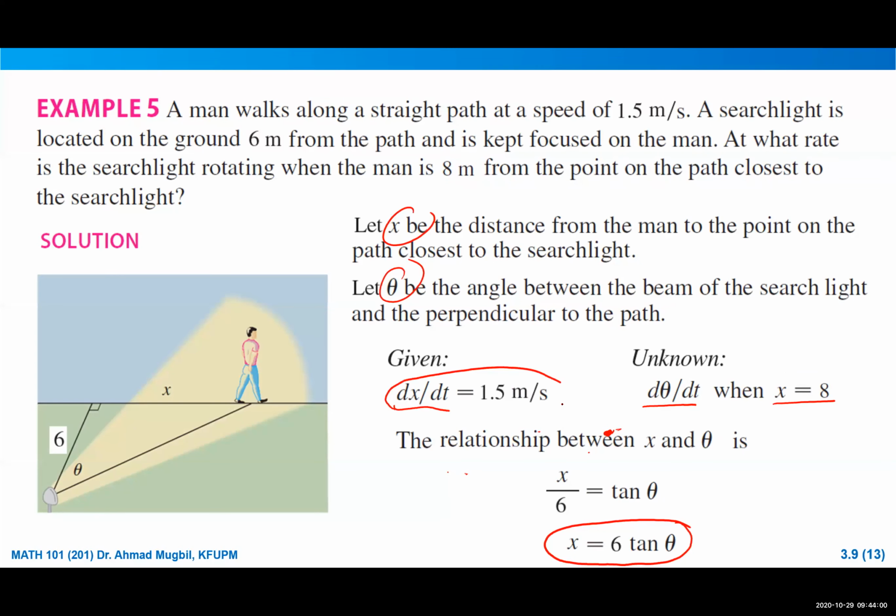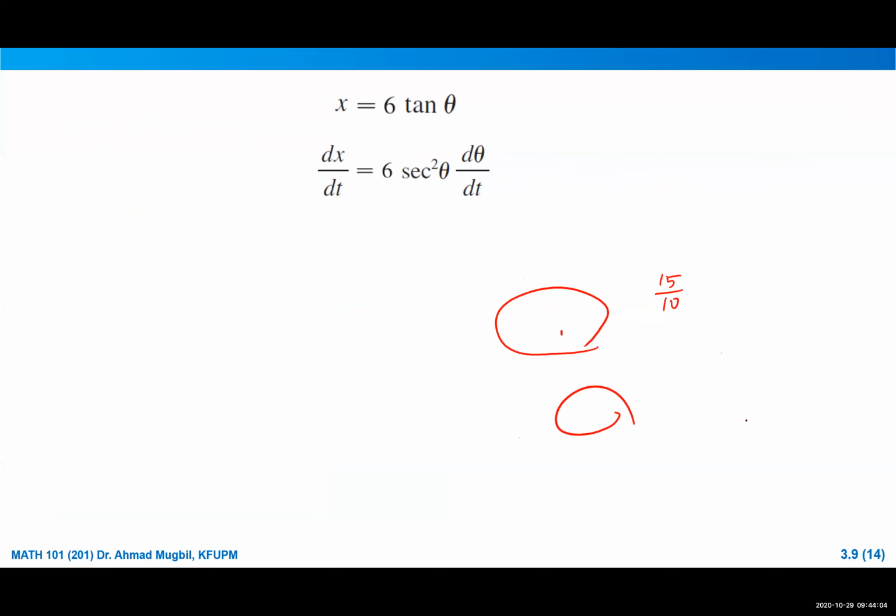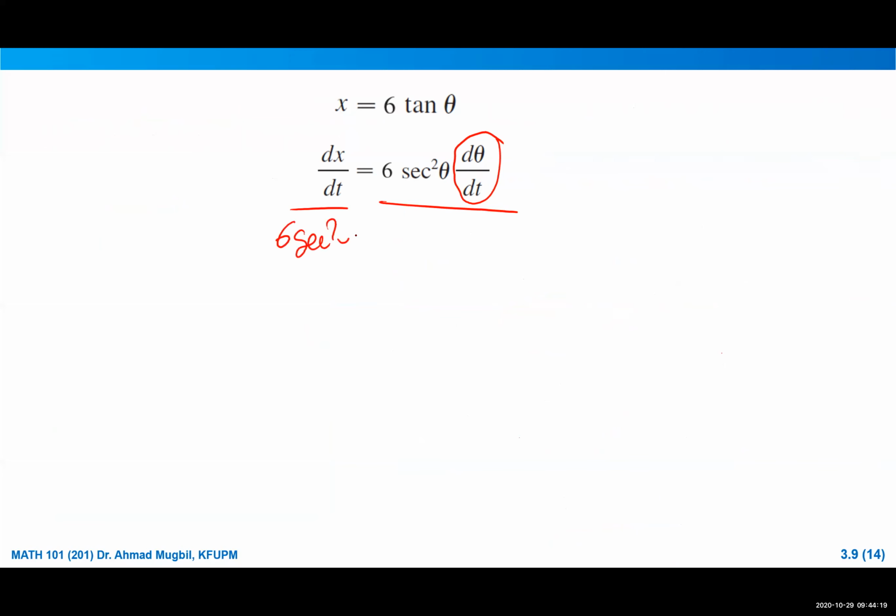This is given, and this is what we want. So now you have dx over 6 equals this. I want this one, so I will solve this equation for it. You can keep it as it is, no problem. What he did is he solved it for this. So he divided both sides by 6 secant squared theta. This will be cancelled, and you will have d theta dt equals 1 over 6 secant squared theta times dx dt.